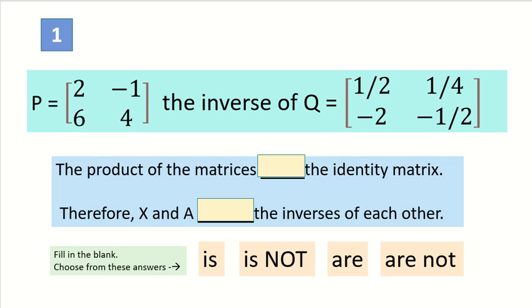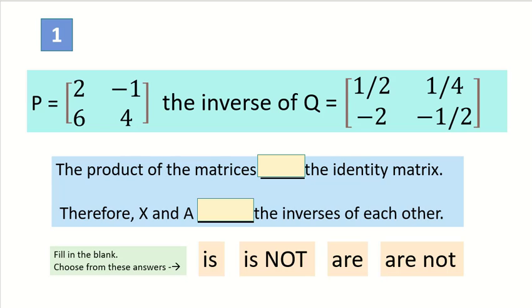You're given two matrices. Matrix P is equal to 2, -1, 6, 4. And we're told that the inverse of that matrix is matrix Q, and that's equal to 1/2, 1/4, -2, and -1/2.